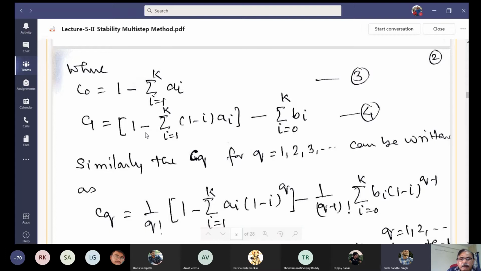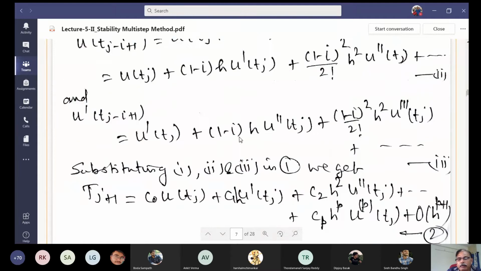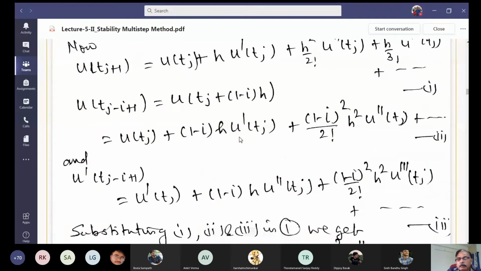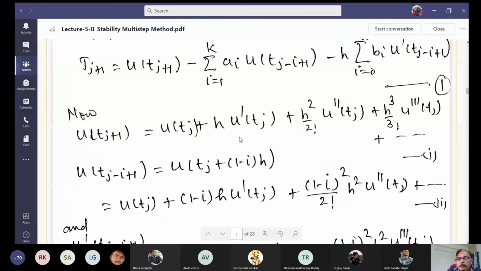Yes, sir. Up to this it is clear, the first bracket? Yes, sir. Okay, second bracket: if you see the coefficient of h u prime, once you expand this, the first term will be u prime t_j.